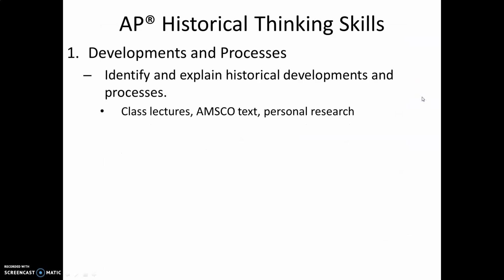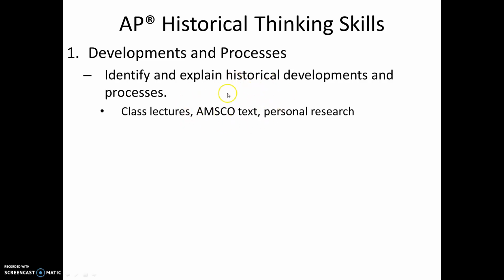Now, skill number 1, developments and processes. Identify and explain historical developments and processes. Okay, so that's a fancy way of saying knowing, learning, comprehending the content for AP World History Modern. So whether it's a class lecture or even the video lectures that are posted online, maybe you're using supplementary video resources from that particular document.